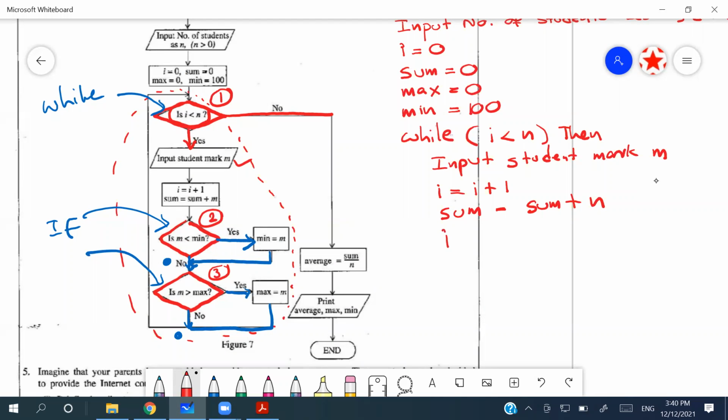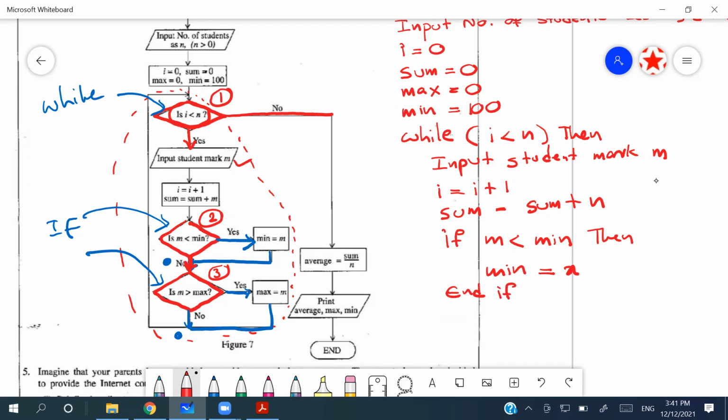The first if condition: if m less than min, then, this keyword is essential, then I'm going to say min equals m. That means m is assigned to min. And then you can see there is nothing on the no part of that condition, so there is no else here. So you can easily say end if.